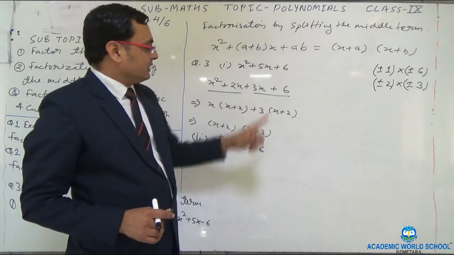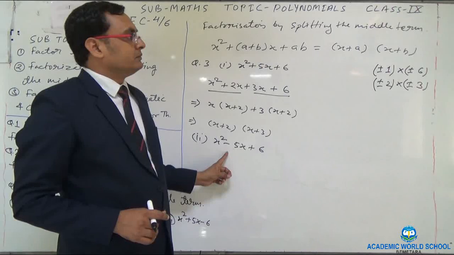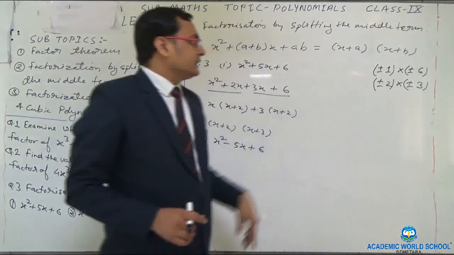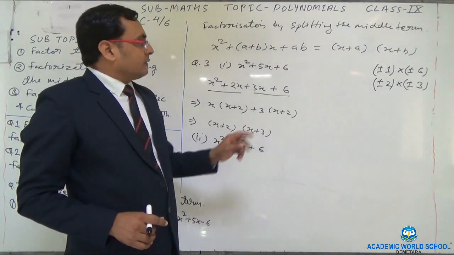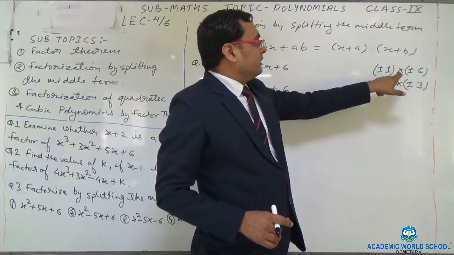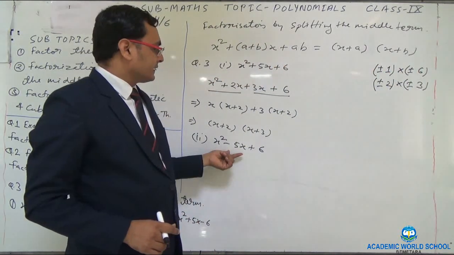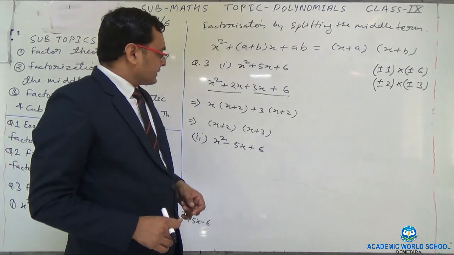A into b will be the constant term, a plus b will be the middle term. So, we have to check from here. You will see that minus 1 and minus 6, or plus 1 and minus 6, are not the factors here.